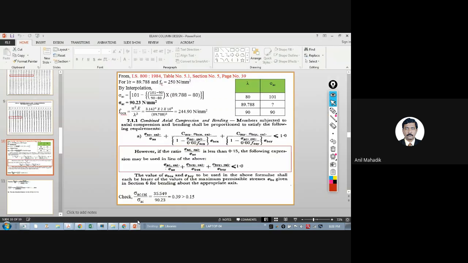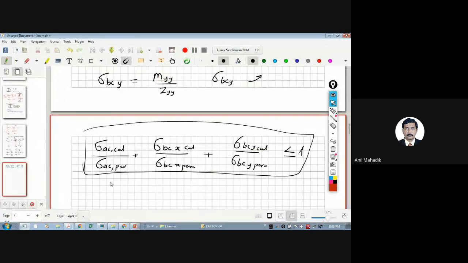Now there is one more term actually they have given. Just refer to this study material. It depends: if your sigma AC cal divided by sigma AC permissible is less than 0.15, then you can use this. So whatever I told you now, it depends. First you need to calculate only this ratio.